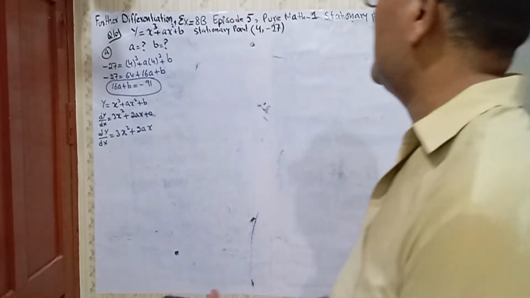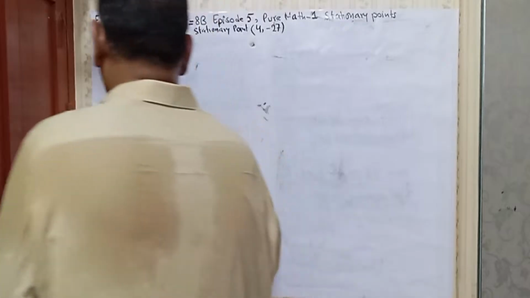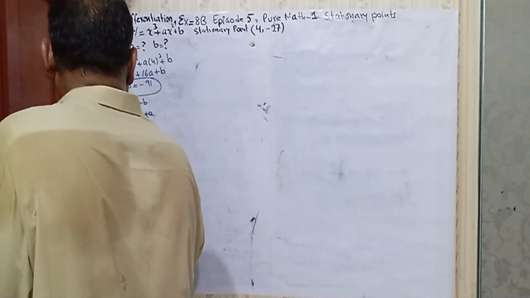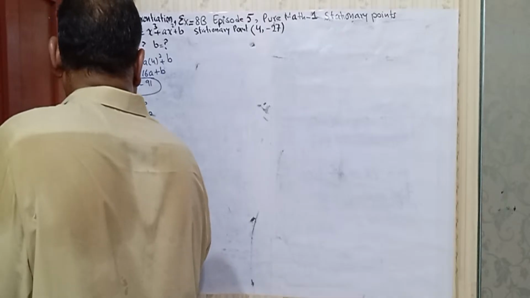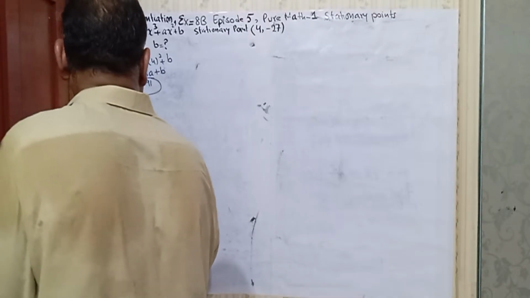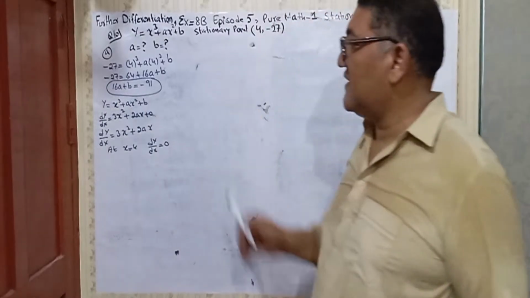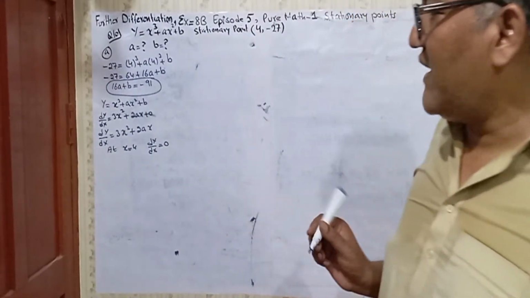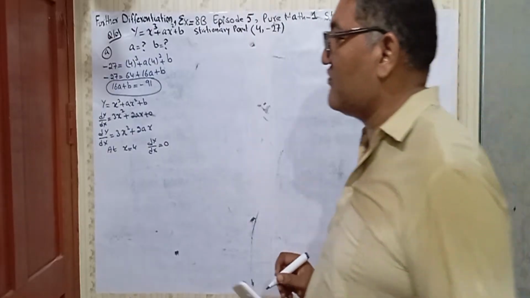He said that the stationary point is at x equals 4. So at x equals 4, the dy/dx should be equal to 0, because this is the stationary point's coordinates, (4, -27).